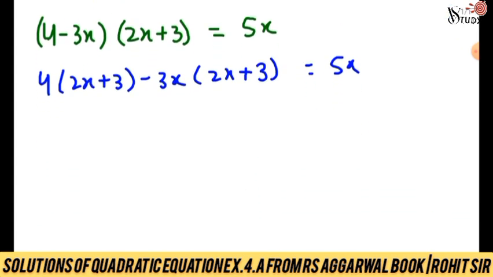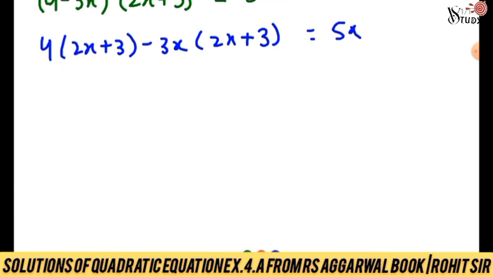Now again we apply distribution law over addition. This 4 multiplies 2x and becomes 8x, and this 4 multiplies 3 and can be written as 4 3s are 12. In the same manner we can write negative 6x square and negative 9x is equal to 5x.